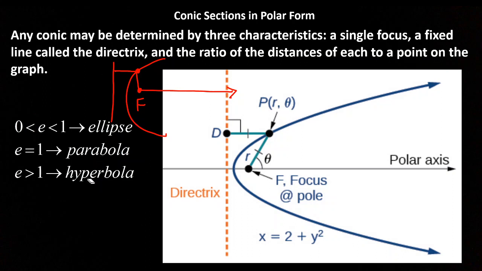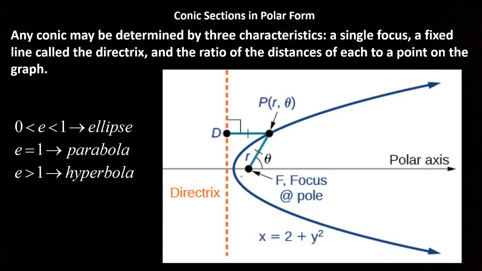And the rest of them. So for a hyperbola, we're going to define it so that the ratio of the distances is greater than 1. And if it's between 0 and 1, we have an ellipse. That's the idea. So the pole has the focus, right?